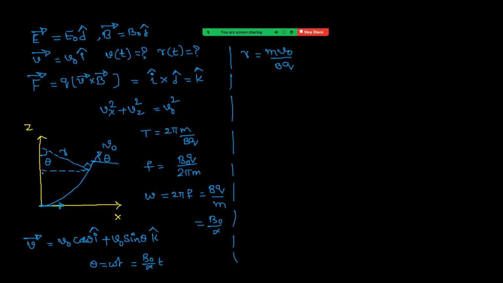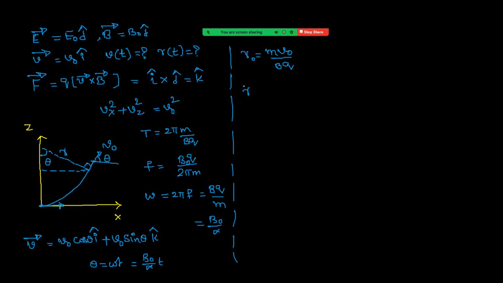Now in this right angle triangle, we can see sine theta equals x by r. Let us call this r naught, the radius, to avoid confusion between position vector and radius.